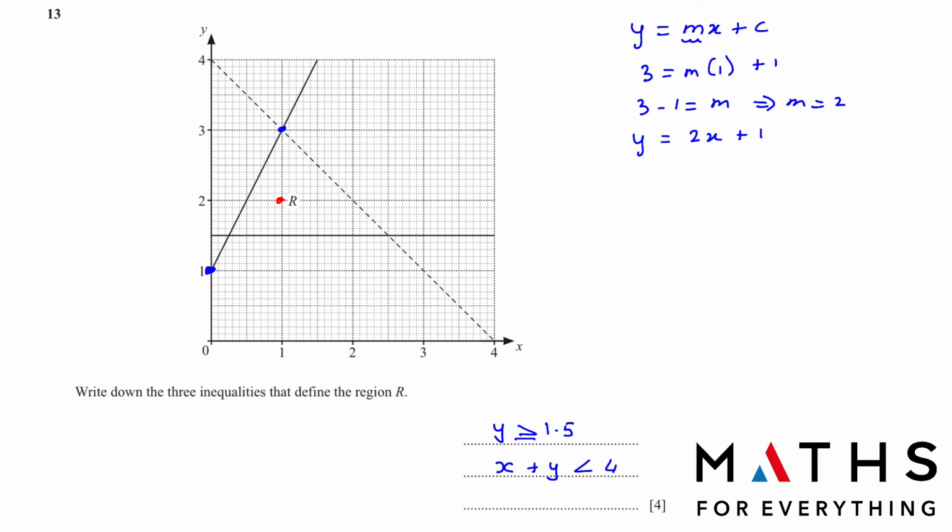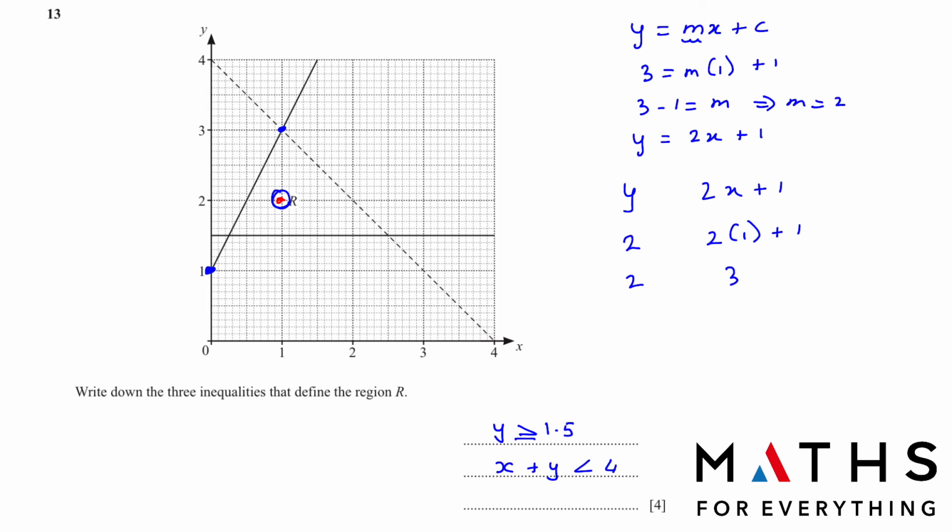But we have to put the inequality sign here, not the equal sign. So we write y, 2x plus 1. Again, we choose a point from the region. We will take this 1 and 2. When x is 1, y is 2. And replace here. So you will get 2 and 3.